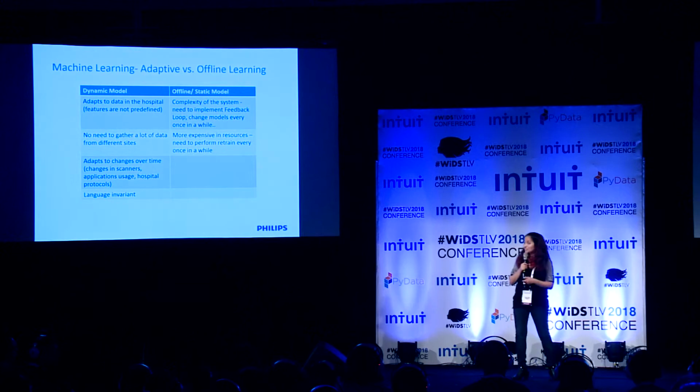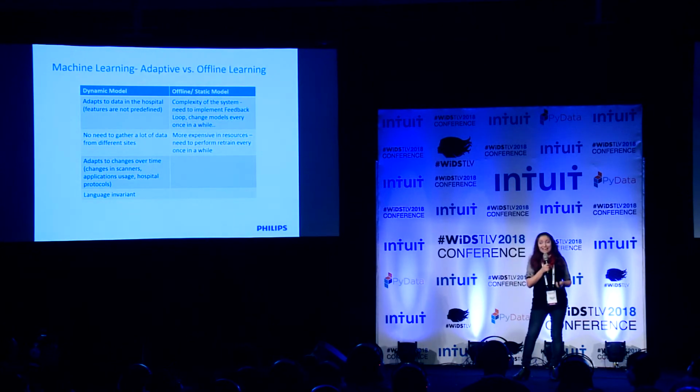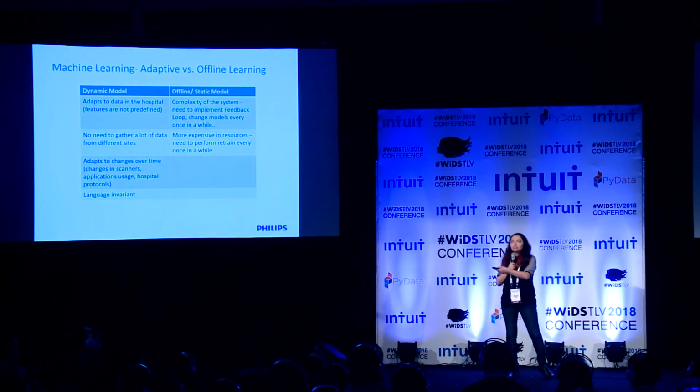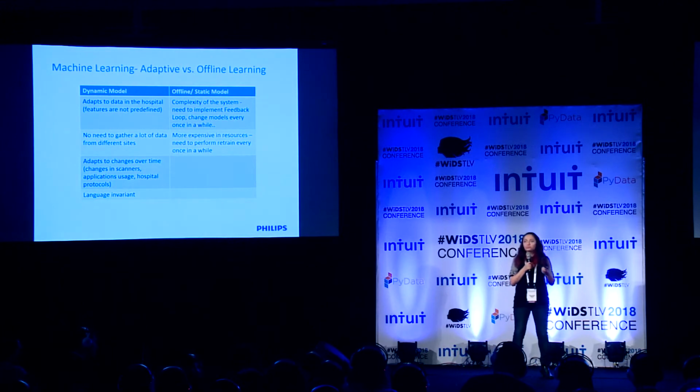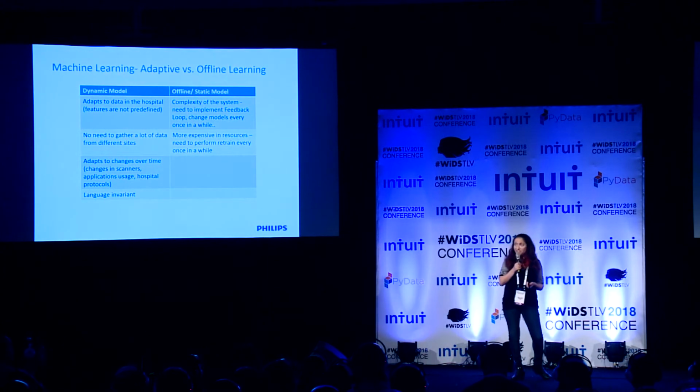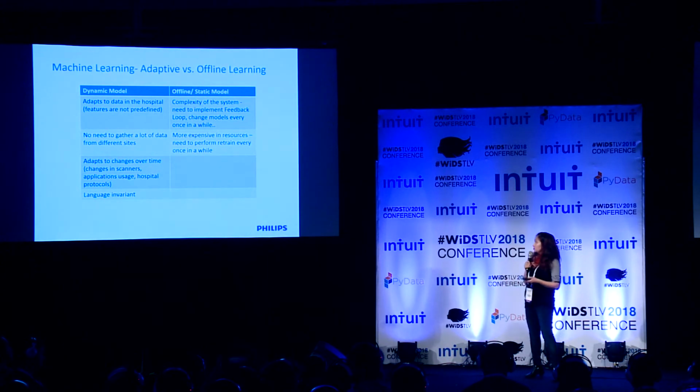The data is really very different. It is very difficult to collect data from many places in the world, create an offline model, and then deploy it. This is very challenging, and this is why we chose to go for the dynamic model.